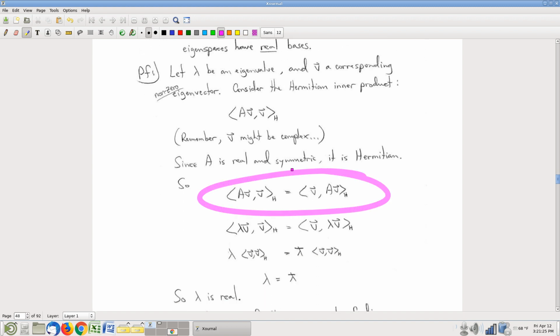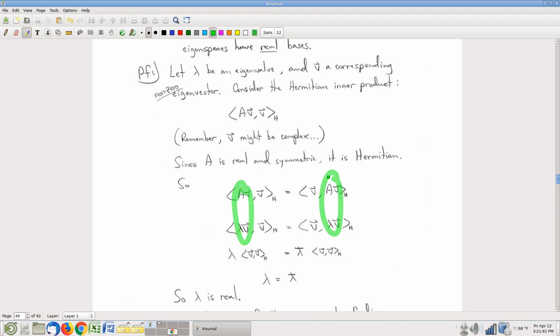You observe that this first step happens because the matrix, by being real and symmetric, is Hermitian. That's what Hermitian matrices can do. Make the observation that eigenvalues and eigenvectors allow you to write that down.